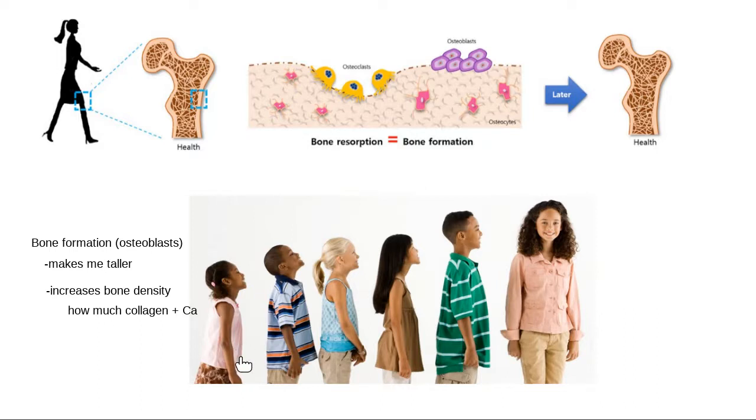So during childhood, during adolescence, activity of my osteoblasts is greater than the activity of my osteoclasts. As I reach adulthood, I no longer need my osteoblasts to work faster than my osteoclasts. They get about equal, about normal, working at the same rate.